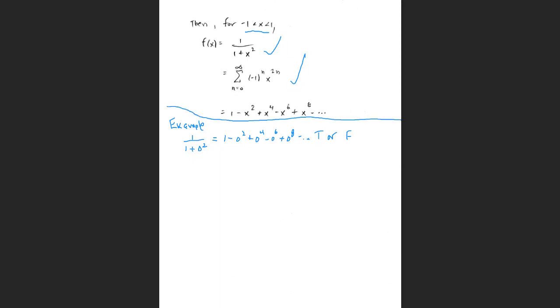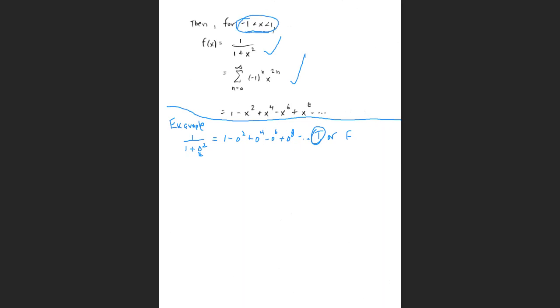Okay, Taj. And Taj, why is it true? Why is this statement true? What can you tell me about x equals 0 in regards to the interval of convergence?